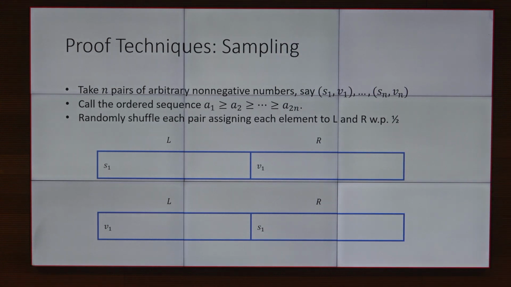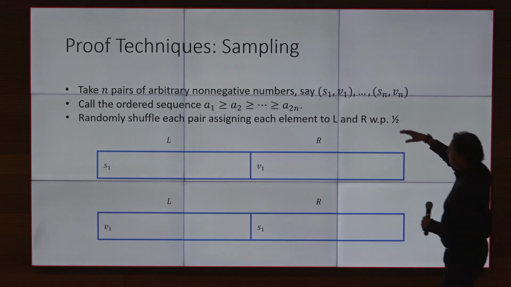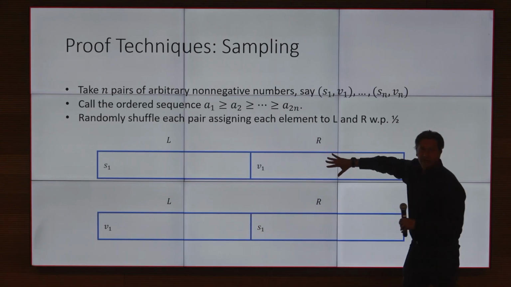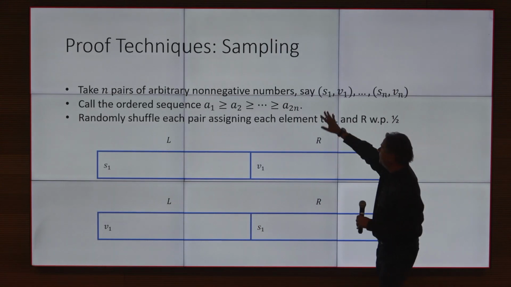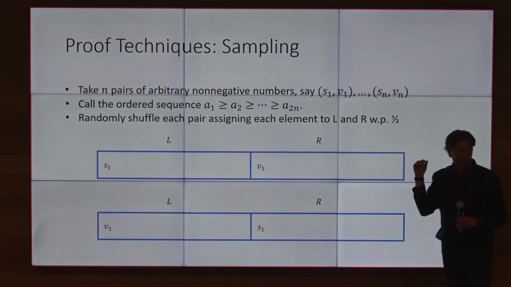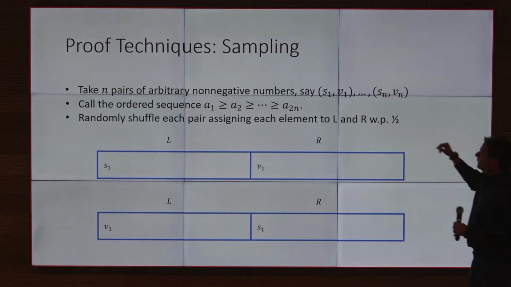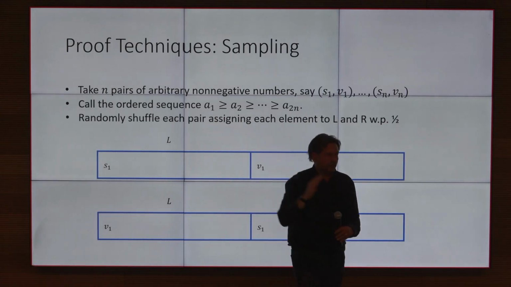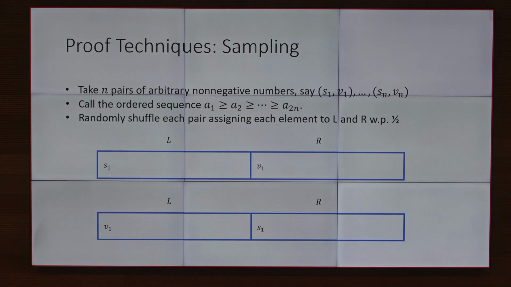So half of these guys are samples, half are real values. A random one of these two will be a sample, and a random one of these two will be a real value. And I will call A1 to A2n all the numbers that appear, in decreasing order. I know nothing about this A1 to A2n. I know some of them, but I don't even know where they are.